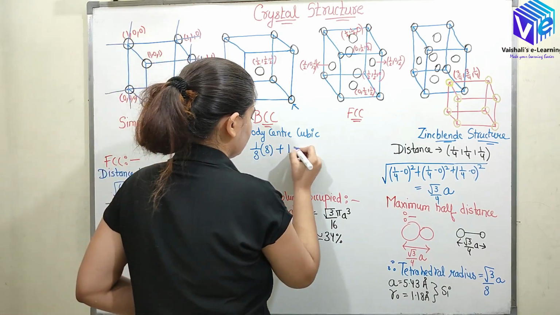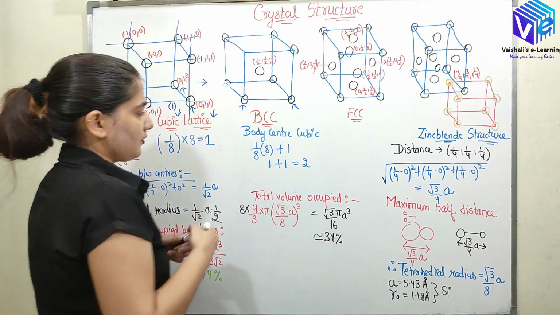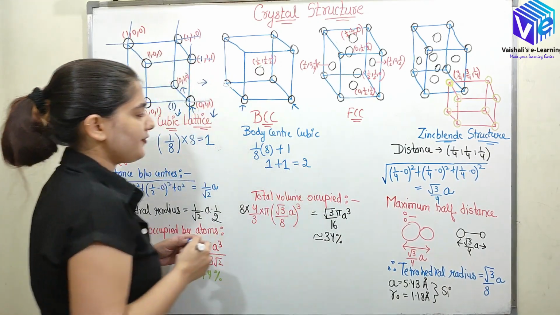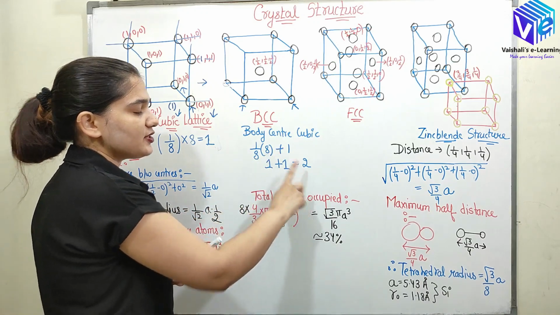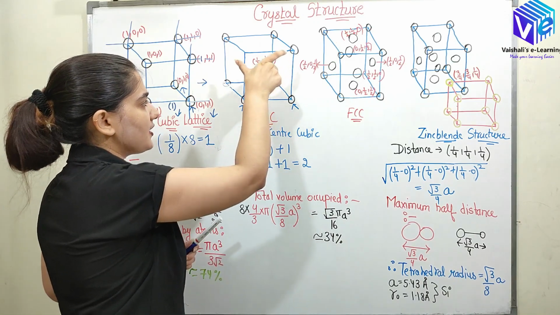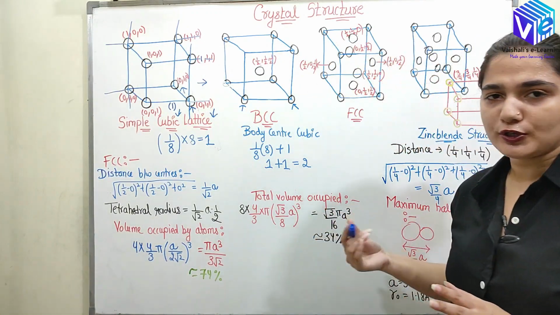So we have 1 by 8 into 8 plus 1, which is 1 plus 1, which is 2 atoms per structure.